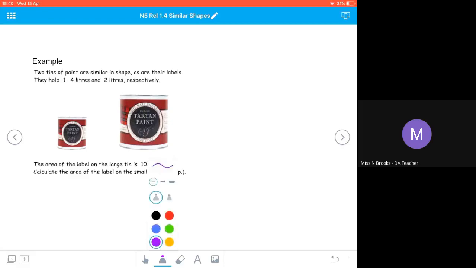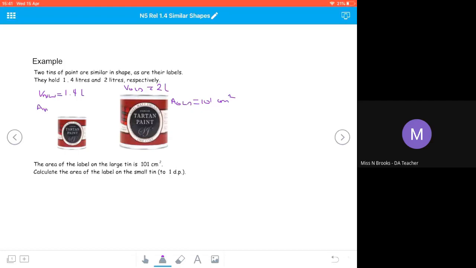So V new is 1.4 litres and V old is going to be 2 litres. We then know that the area of the large tin, so A old, is 101 centimetres squared, and we're trying to work out what A new is. So that's our unknown value.